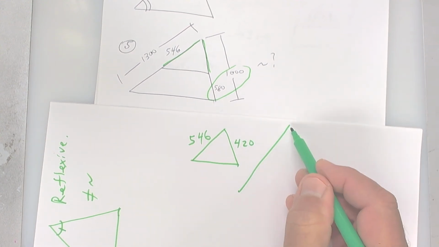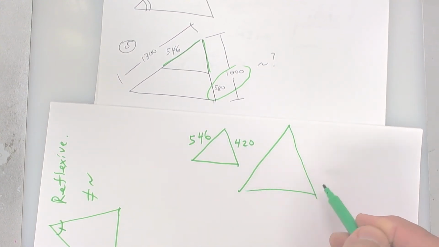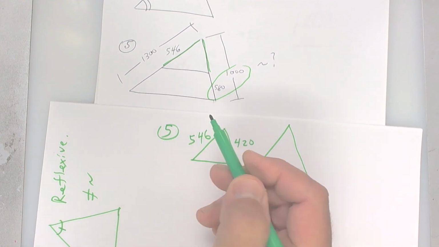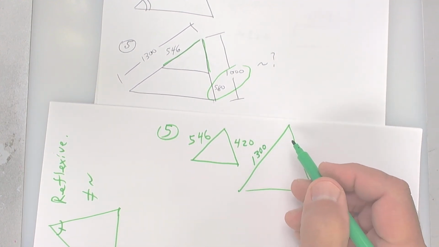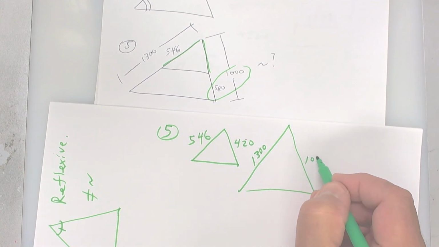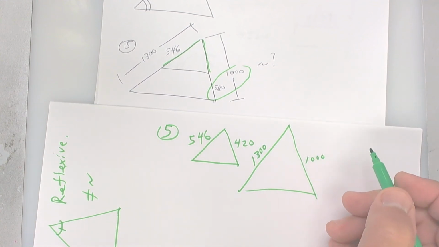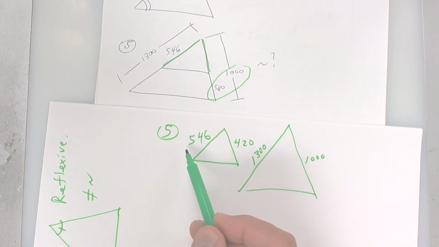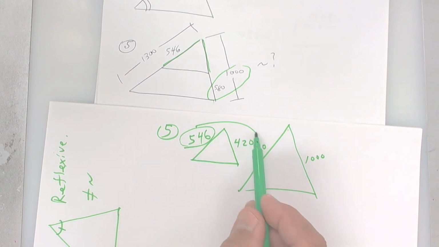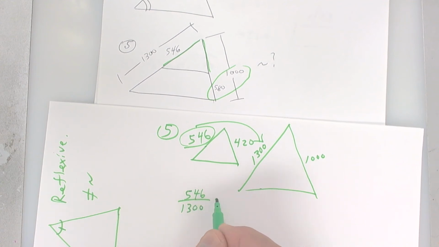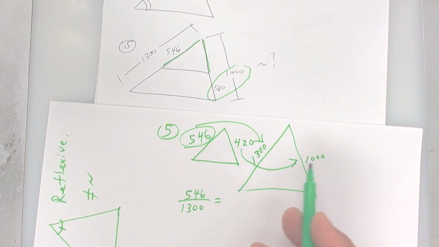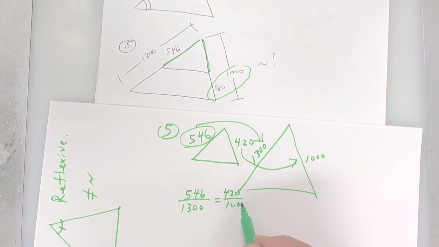And then this great big triangle, number 5, is 1300 here, and then this big side is 1,000. Okay, so you're going to set it up. This is the big side, so you're going to put the big over the big. So put 546 over 1,300 and see if that's the same thing as 420. And I want to see this work just like that.